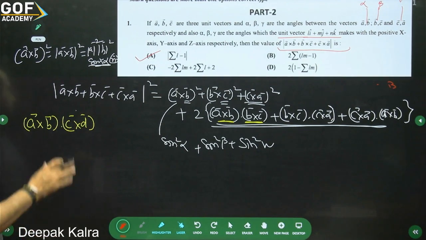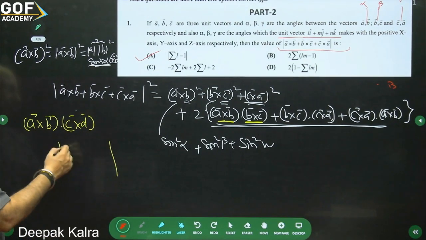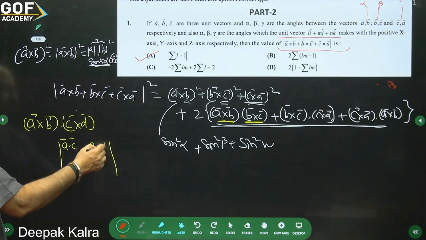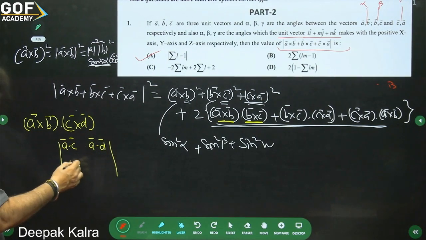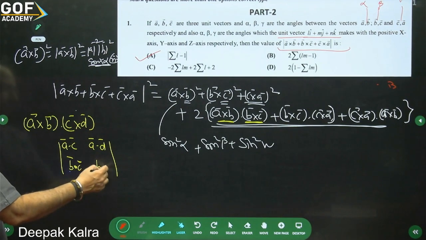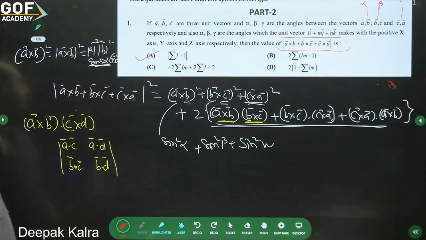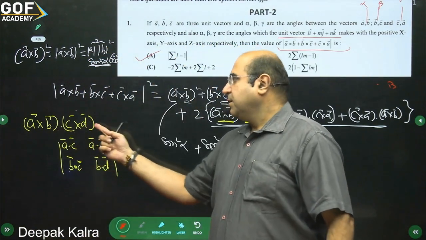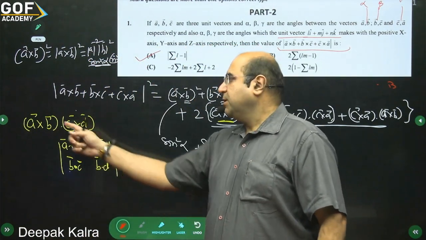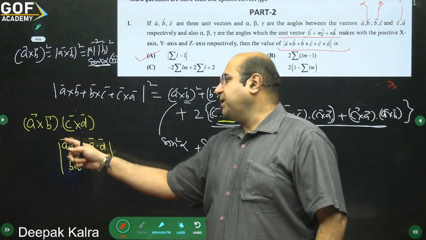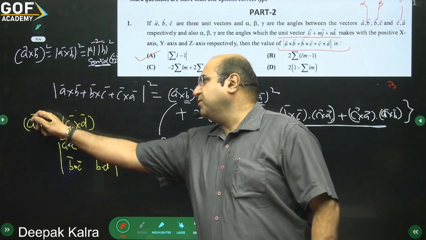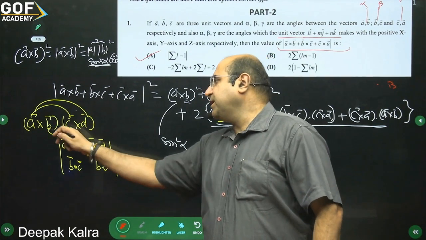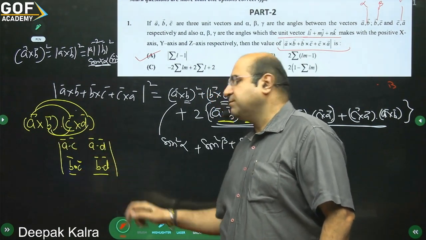When you do this scalar 4 product, you have A dot C, A dot D, B dot C, B dot D. This is determinant. Okay, this you have to use. This is the rule which you have to use. A cross B dot C cross D is A dot C, A dot D. You have to do dot with C and dot with D, writing 2 elements. Dot with C, dot with D, writing 2 elements.